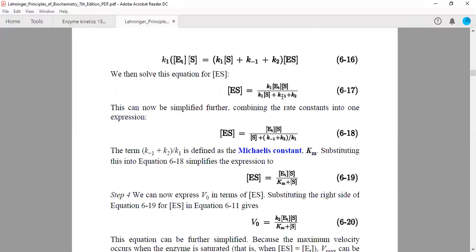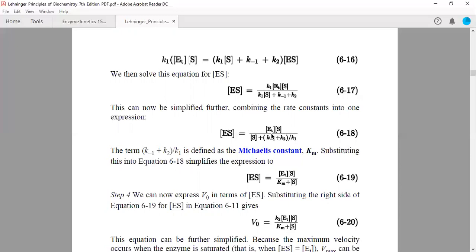Now you need to solve this out. So you will divide by K1. This will be cancelled out, and you will take the substrate concentration outside, plus these two values K minus 1 and K2 you will take into a bracket, and divide by K1.